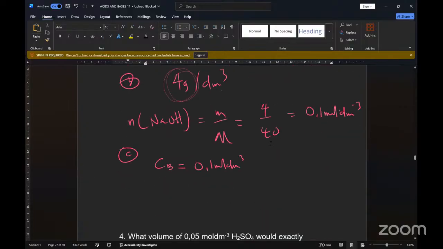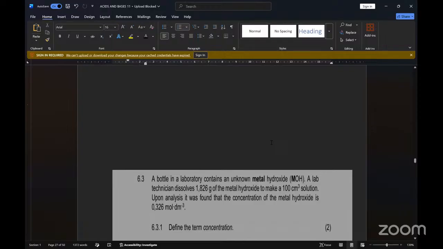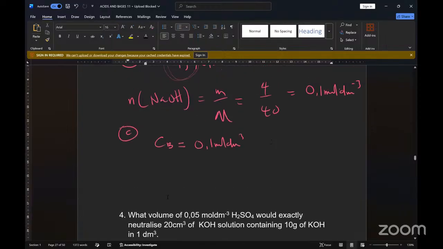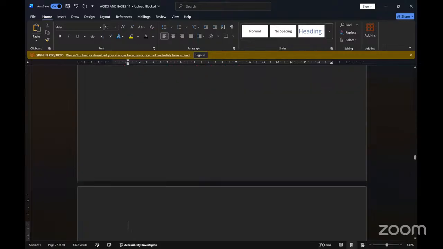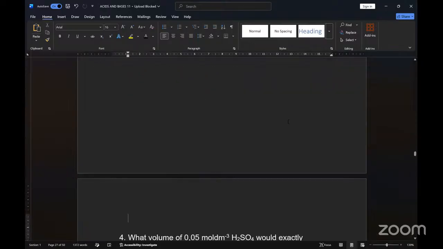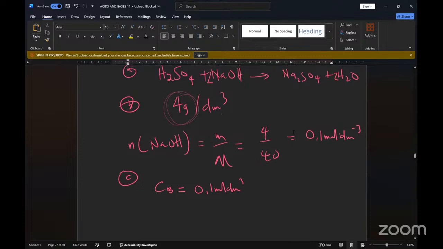So the volume of the base is 25 centimeters cube. Then the concentration of the acid is what?